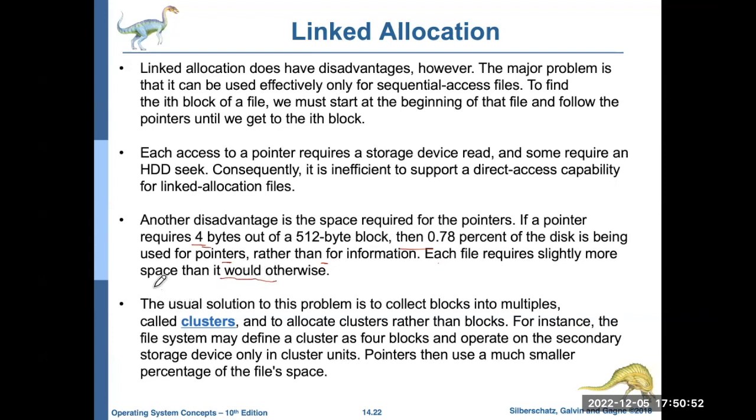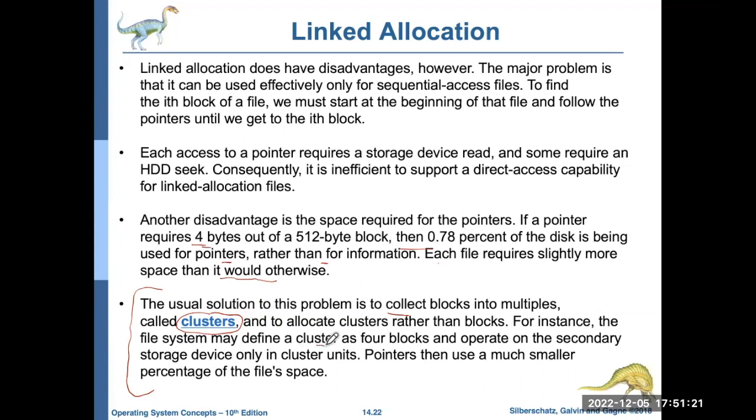So we have seen that there are so many pointers. One solution that people came up with is to collect the blocks into multiples called clusters. So rather than having one block pointed to, we will point to a number of blocks together, and that group is called a cluster.